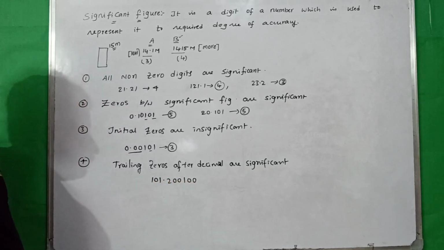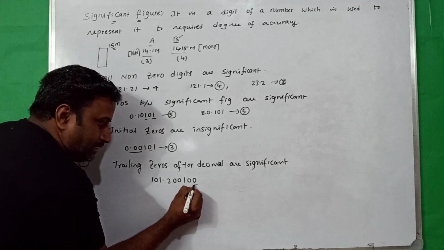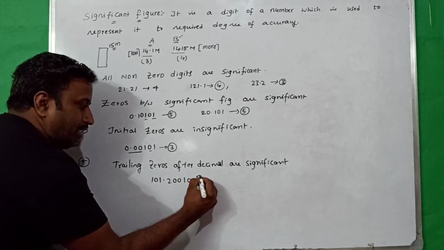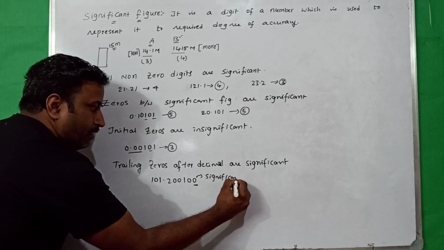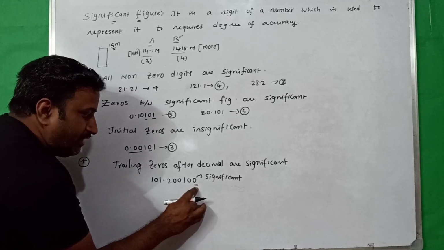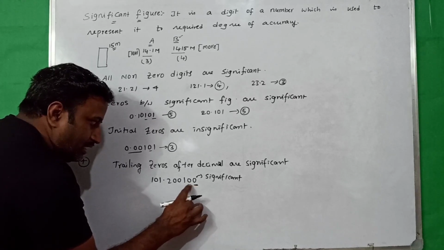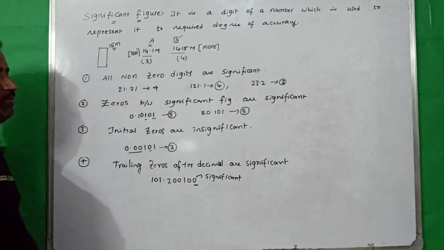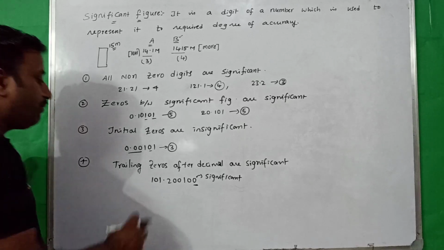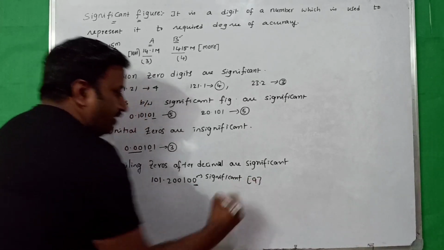In 101.200100, after the decimal the trailing zero is this, and this zero is significant. Once this zero is significant, the zero in between two significant figures also becomes significant. These two zeros become significant, and this zero also becomes significant. Then the total number of significant figures over here is 9.